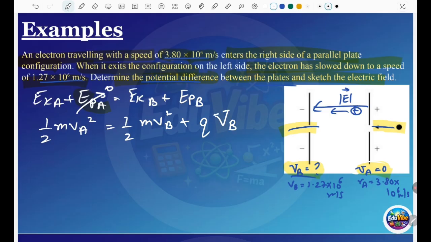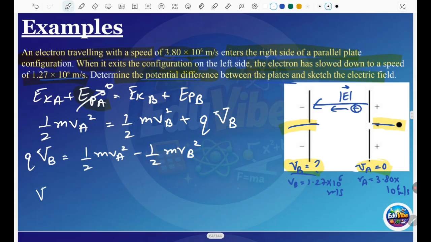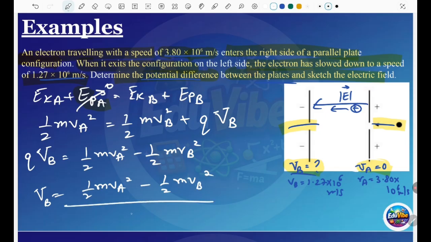That VB you have to find. So let's isolate this: q VB is equal to half m vA squared minus half m vB squared. So from here you have VB equal to this whole thing.